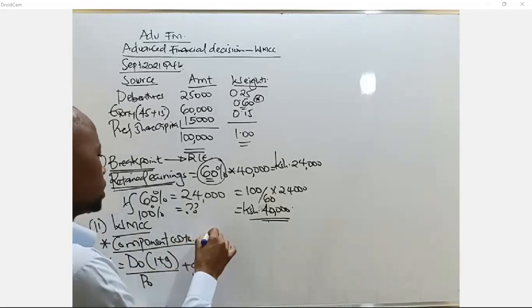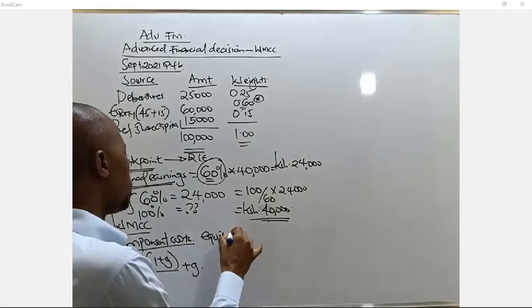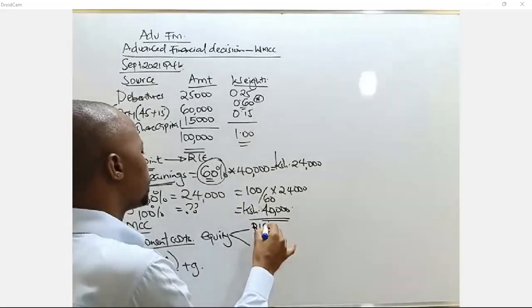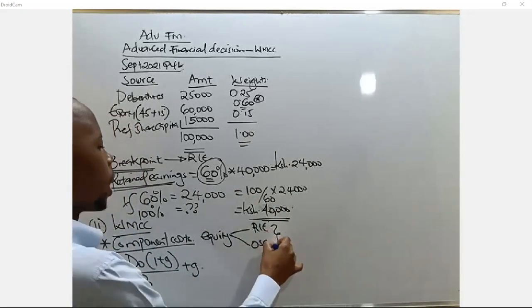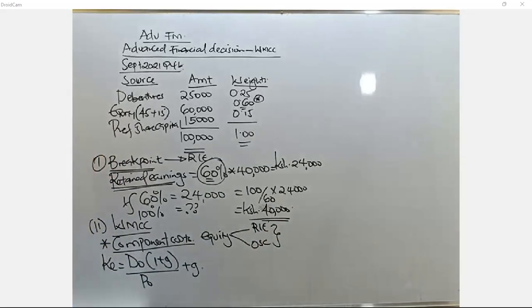Equity normally comprises retained earnings and ordinary share capital. We are going to calculate the cost of equity of the two to see which one is cheaper. So we have to look at the elements which affect both, which normally assist you to differentiate the retained earnings and the ordinary share capital.